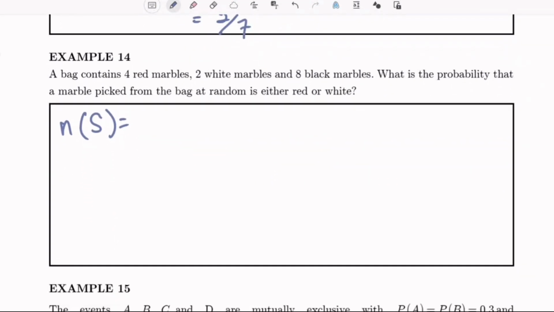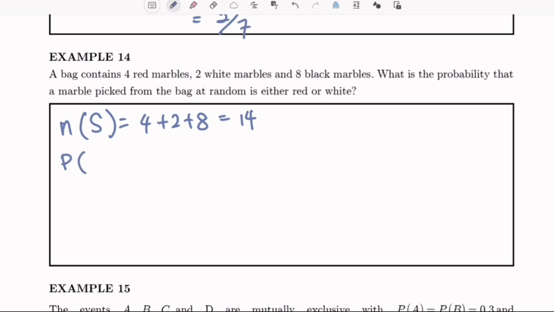Example 14. A bag contains 4 red marbles, 2 white marbles, and 8 black marbles. What is the probability that a marble picked from the bag at random is either red or white? So again, the sample space, 4 plus 2 plus 8 equals 14.